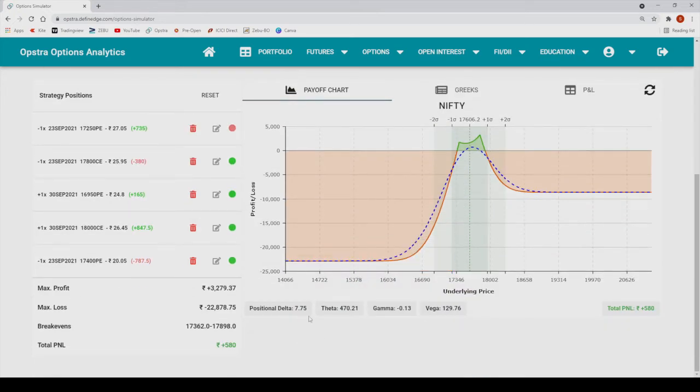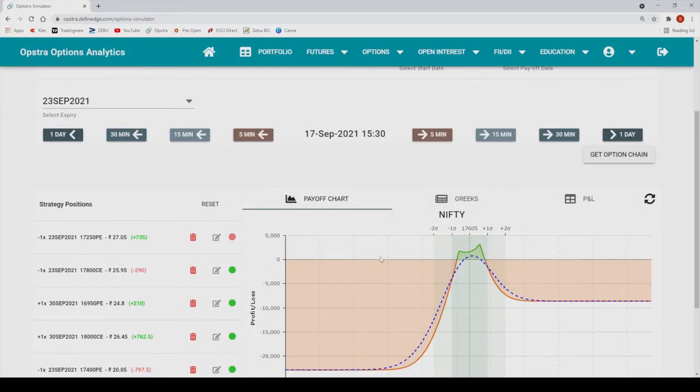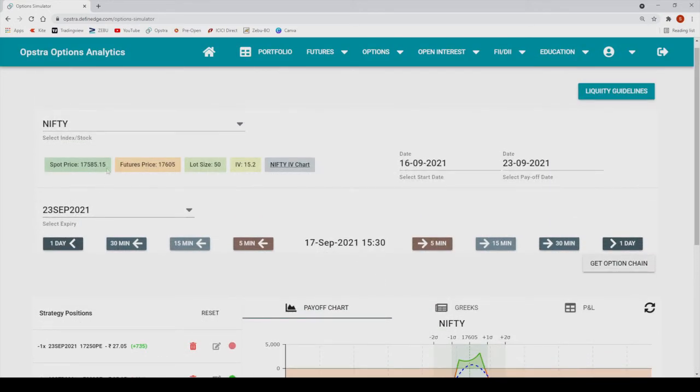Our profit is 580. So now we will move to the next day.